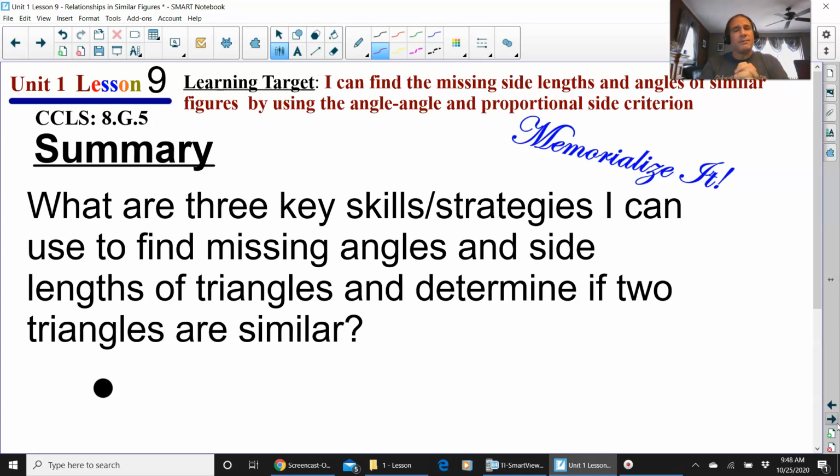So remember, you could put stuff like this in the summary. Congruent figures are exactly the same. Same shape, same size. Similar figures, same shape, different size. Remember, put a star on this.